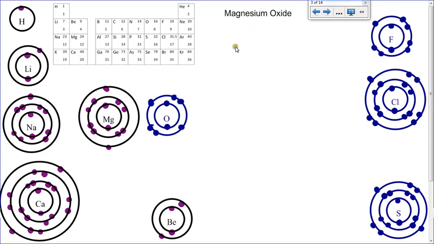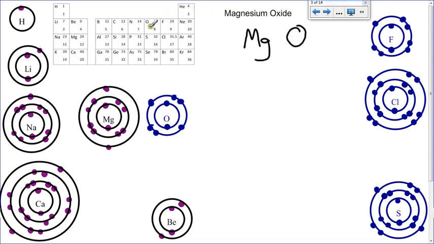So we've got magnesium oxide. We've got a formula for that, which would be magnesium and oxygen. We don't know yet what kind of a ratio they're in, but we can work it out. If magnesium is in group 2, we know it's going to give away 2 electrons.